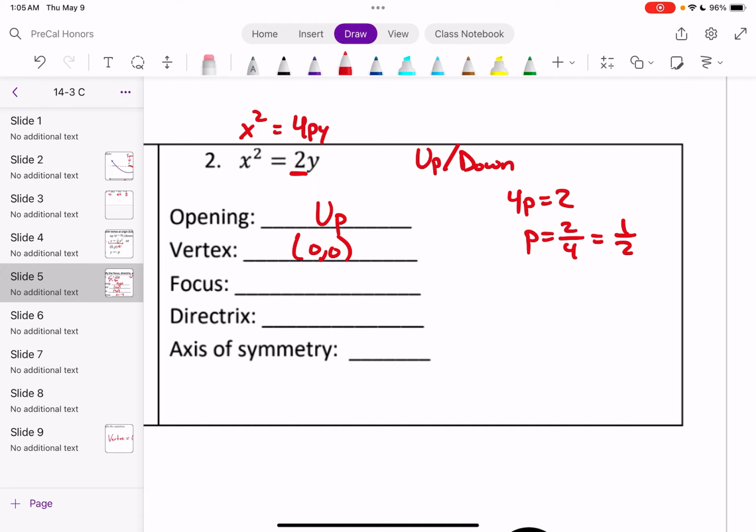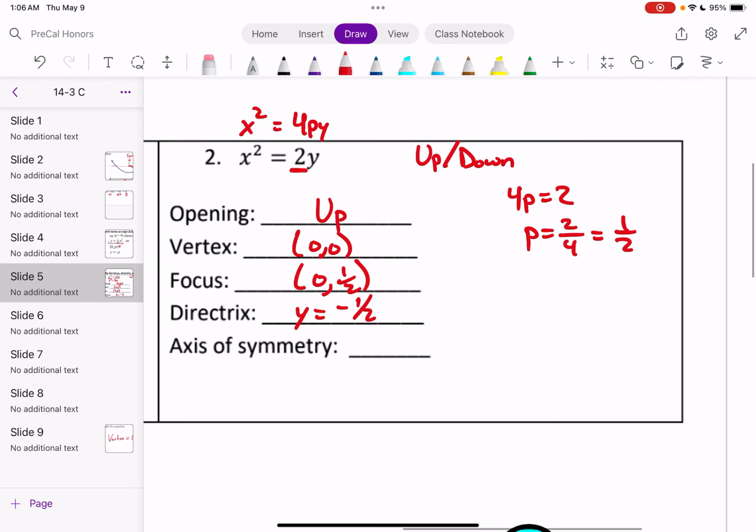So in this case, because we are looking upwards, keep in mind everything would be on the y-axis, which means we would end up with 0, 1/2 as our answer for the focus, and the directrix would be y is equal to -1/2. We would ask ourselves, where do we find these values? The values are on the y, so the y-axis would be where the symmetry would occur.